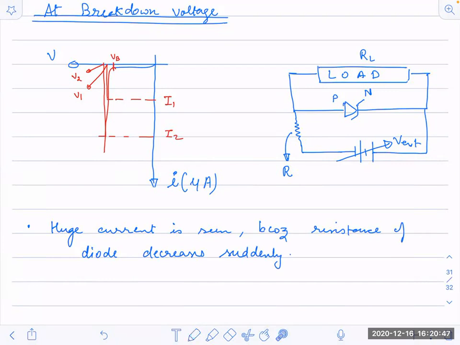Now, if the current is increasing, what will happen to this resistor? The first point you can understand is that huge current is flowing across this, and if the huge current is seen, what will happen?